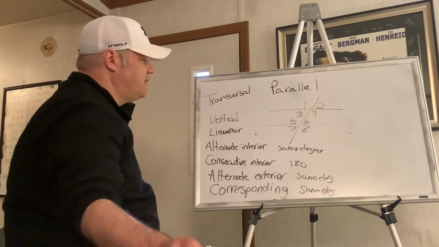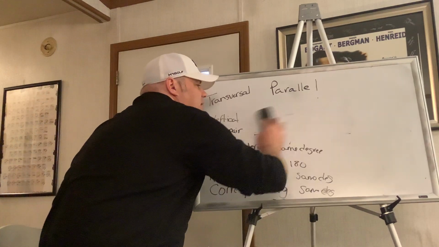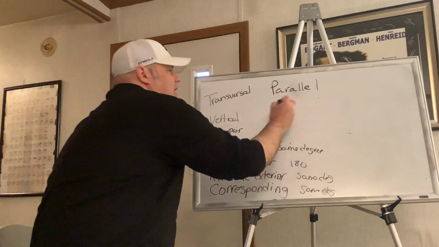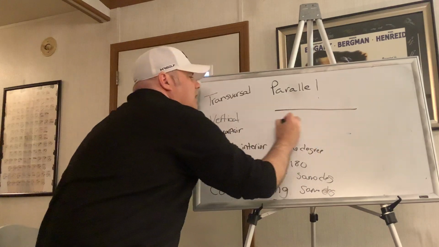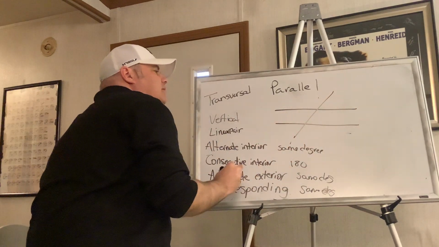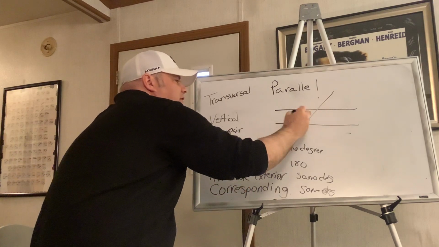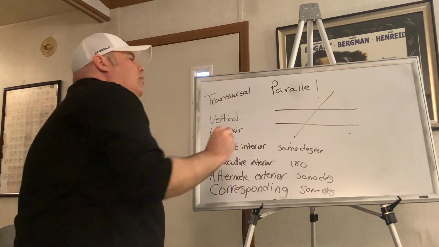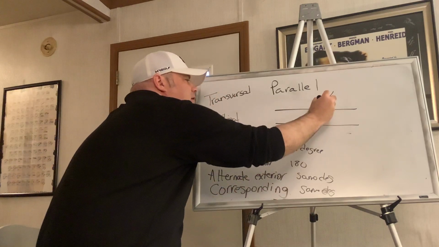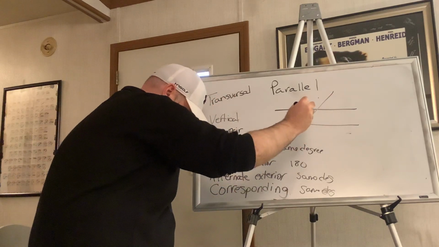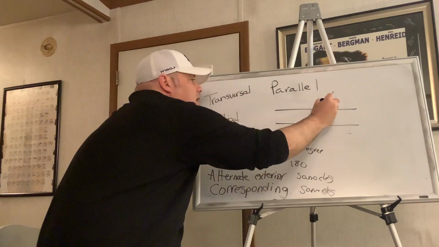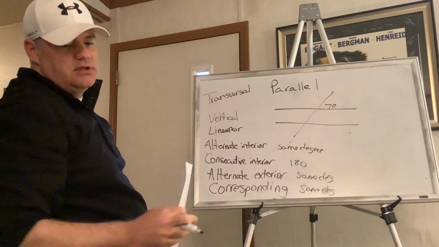Now, what does this mean as far as what we're actually doing with it? Let's say I've got these two parallel lines. I've got this transversal, and I label 1, 2, 3, 4, 5, 6, 7, 8. All I need is one angle given to me. Let's say that's 70 degrees.